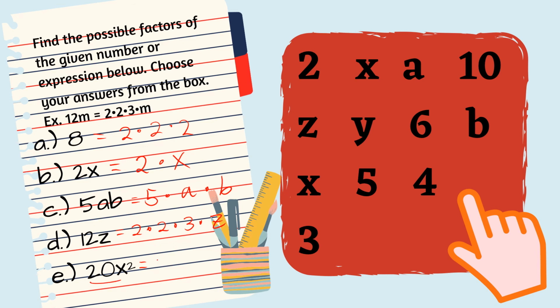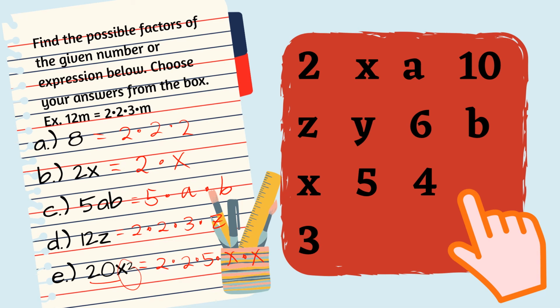So, this is 2 times 2 times 5. Tapos, ilan yung exponent ng x? We have 2. So, ibig sabihin, dalawang x ang nakamultiply. So, that will be 2 times 2 times 5 times x times x. So, that is how you get the possible factors of any given algebraic expression.